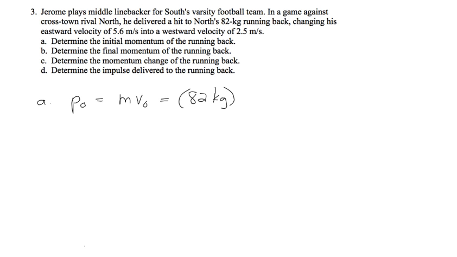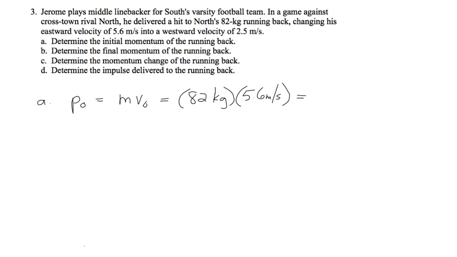Now normally, just like other problems we've done, if you look at a compass, north is up, east is right, west is to the left, and south is down. So east will be our positive direction, because if it was a graph with the origin at the center of our compass, then east would be to the right. So I'm going to say that that's a positive 5.6 meters per second.